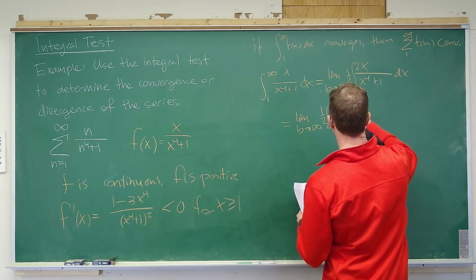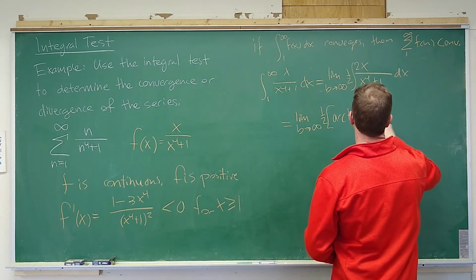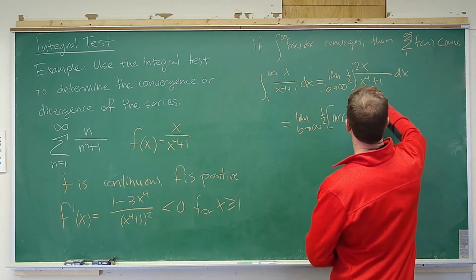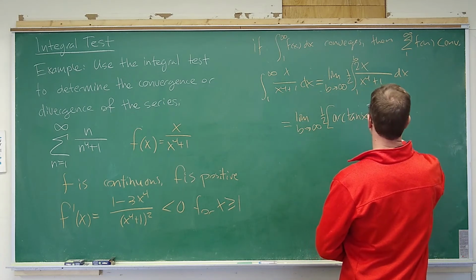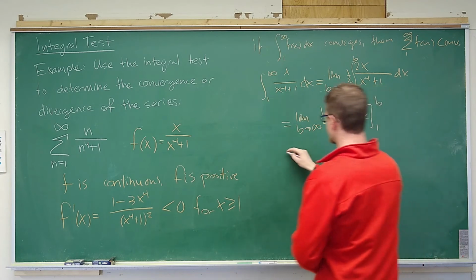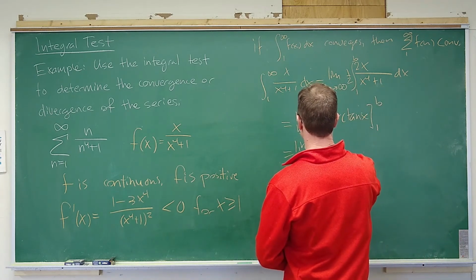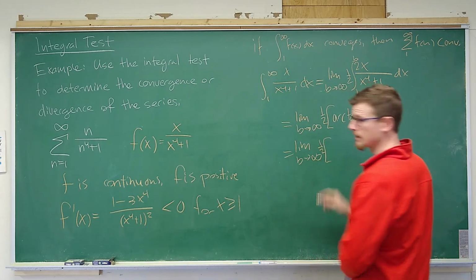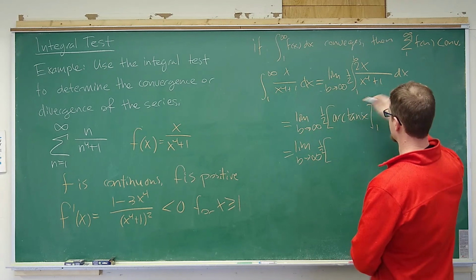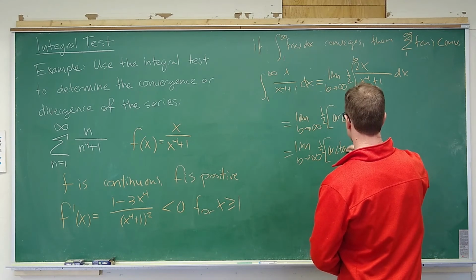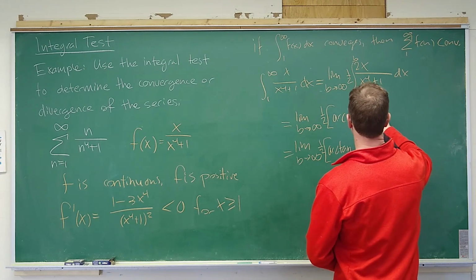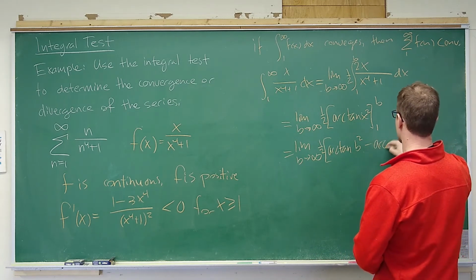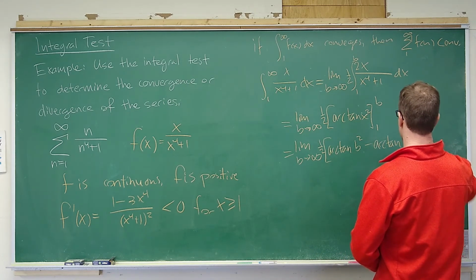So this is equal to the limit as b goes to infinity of, I can throw the 1/2 out front, that's absolutely fine, arctangent of x squared from, I forgot to put the integration bounds on here, 1 to b. So this is the limit as b goes to infinity of 1/2 times, plug in b, the arctangent of b squared minus the arctangent of 1.